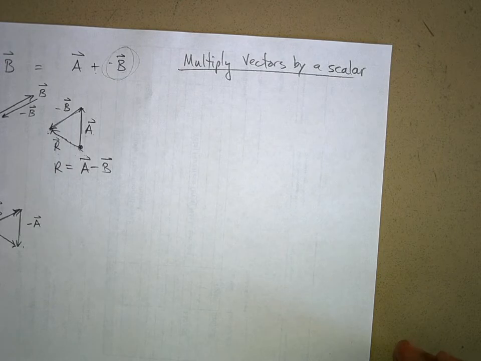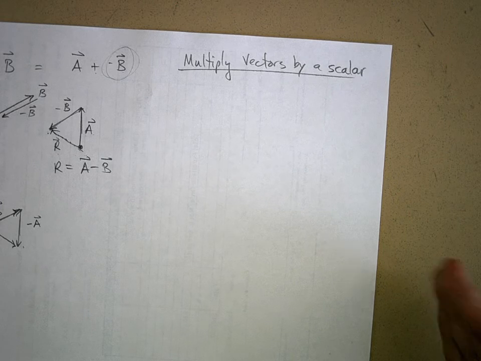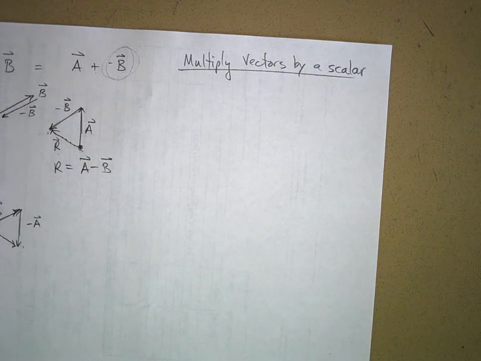Like with scalars, there's one kind of multiplication. With vectors, there's three kinds of multiplication. There's when you multiply two vectors together and you get a scalar answer. There's when you multiply two vectors together and you get a vector as an answer. And then you multiply a scalar and a vector together. And that's what we're going to talk about here.